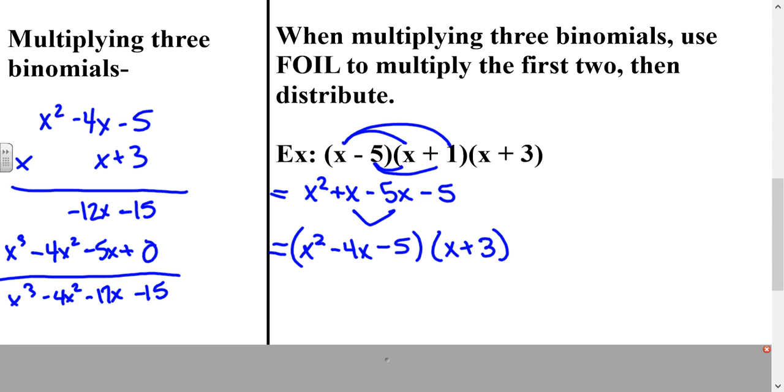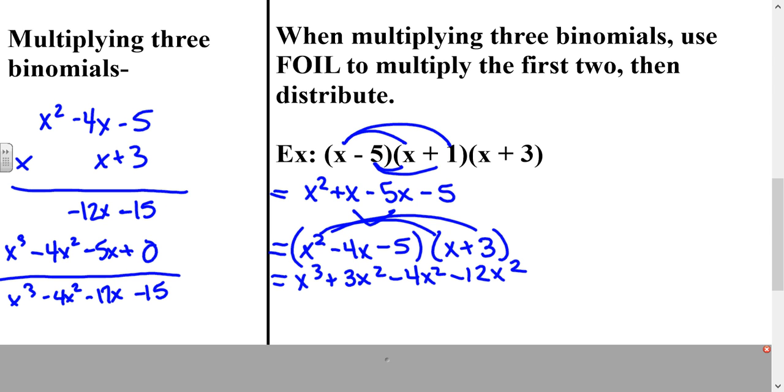Now let's see if I come up with the same answer over here. So if I distribute everything, I take x squared times both numbers, x squared times x is x cubed. x squared times 3 would be 3x squared. Negative 4x times x would be negative 4x squared. Then negative 4x times 3 would be negative 12x squared.